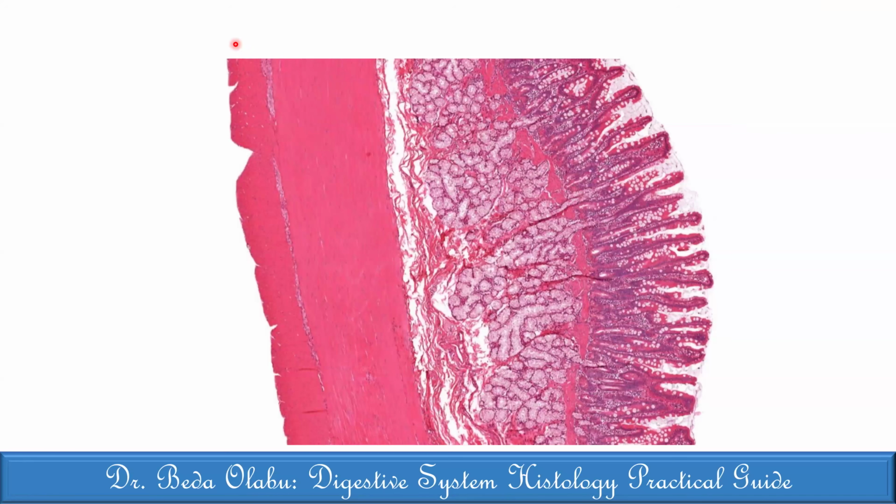When we look at the outermost layer, it's just adventitia. Great. So we can't see an epithelial lining on this side, so we can't see serosa. Because of that, we can conclude that it's not an intraperitoneal organ.